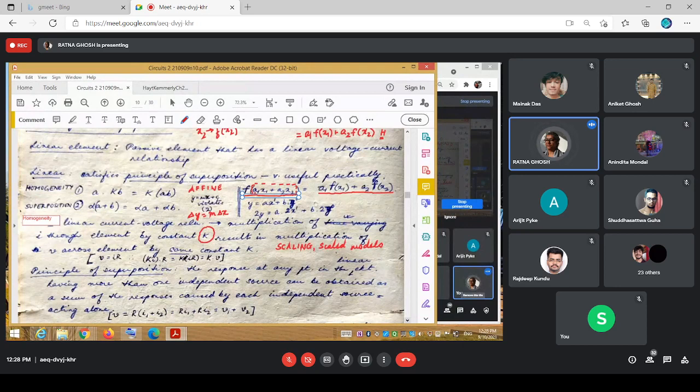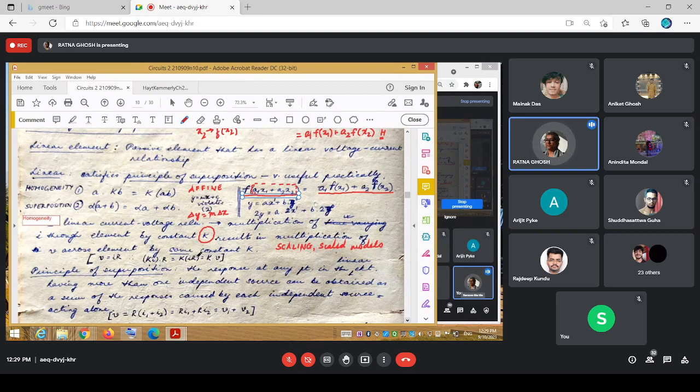So that is how you would do it. And what do I mean by saying so? For example, if you're thinking of V is equal to I times R, but if you are deriving I, it would be I is equal to 1 by R times V. So the scaling factor would be 1 by K times R instead of K times R. So it would be a 1 by K factor scaling instead of a K times scaling.